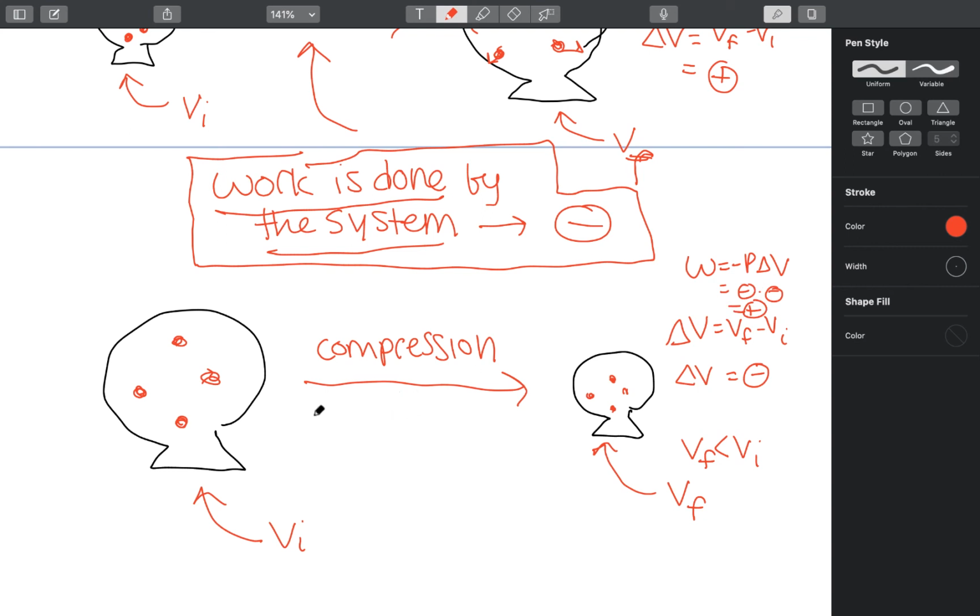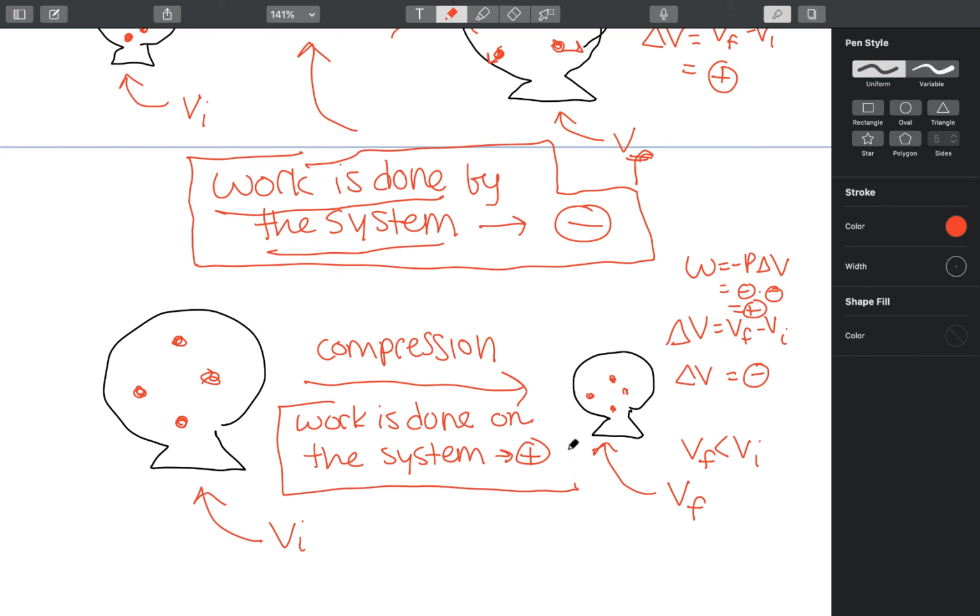So therefore, work is done on the system and it is positive. So work is done on the system, and it is positive.